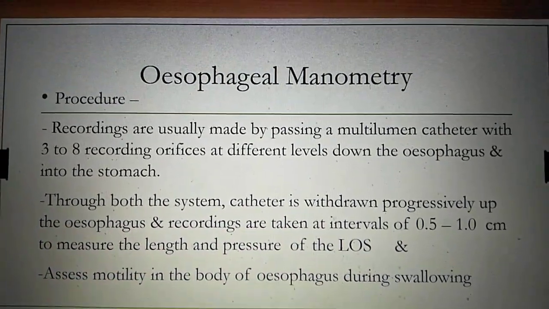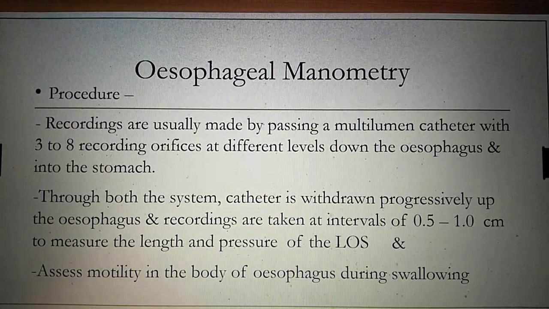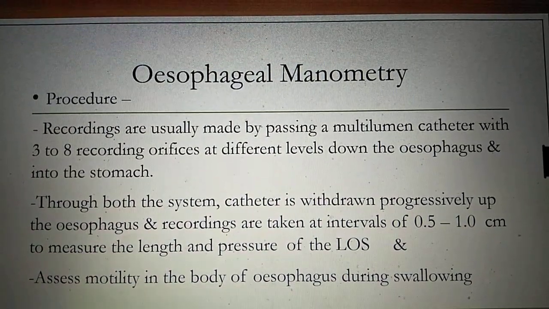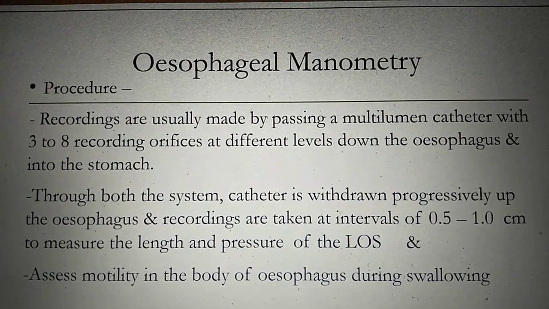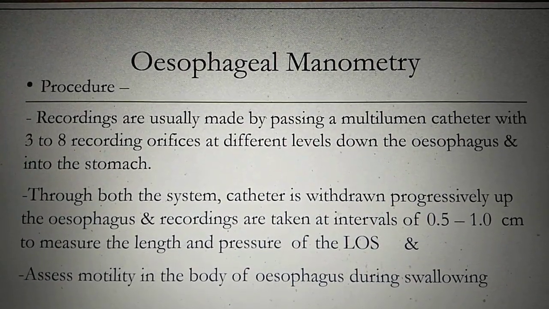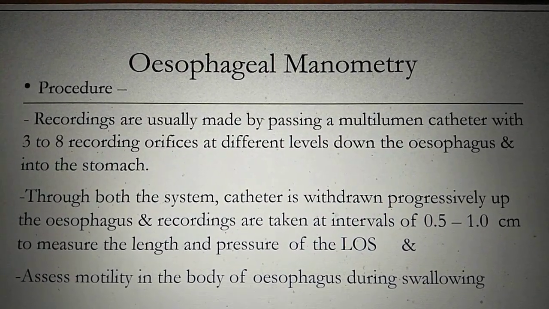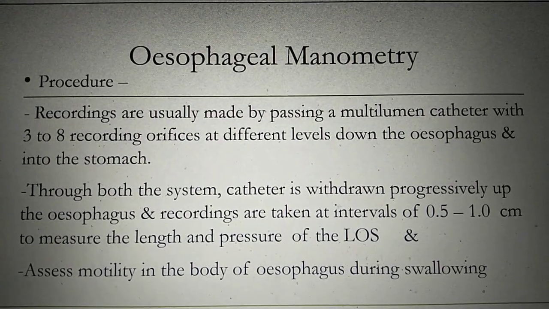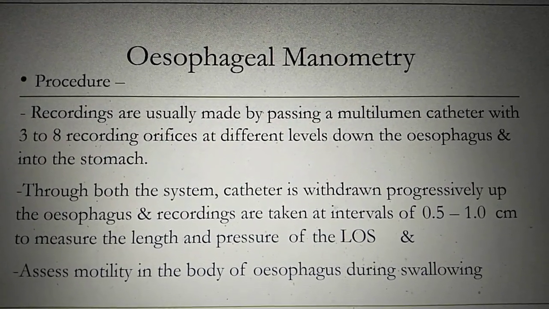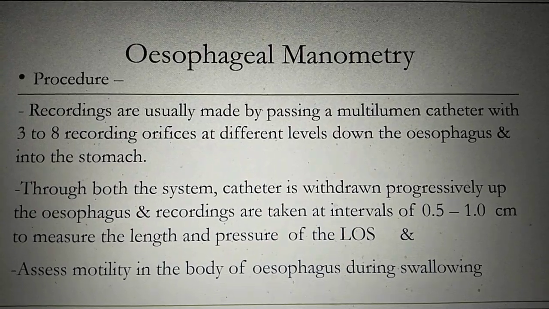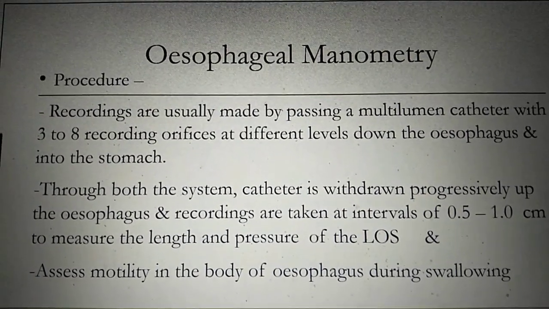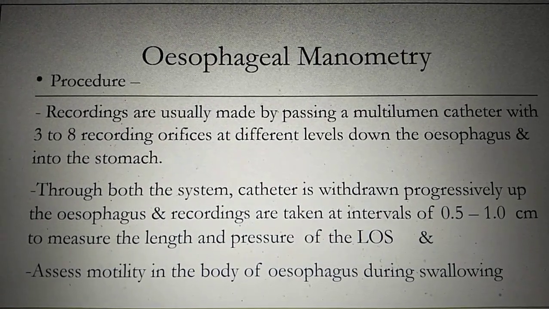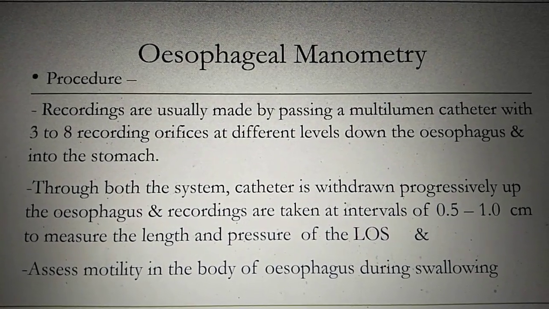In esophageal manometry, the recordings are usually made by passing a multi-lumen catheter, a catheter having many lumens, with 3 to 8 recording orifices, the openings, at different levels down the esophagus and into the stomach, so that we can measure the pressure at various levels of esophageal length.